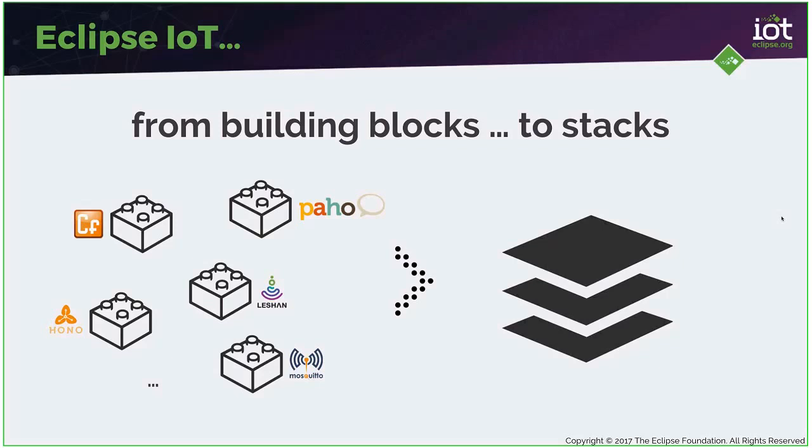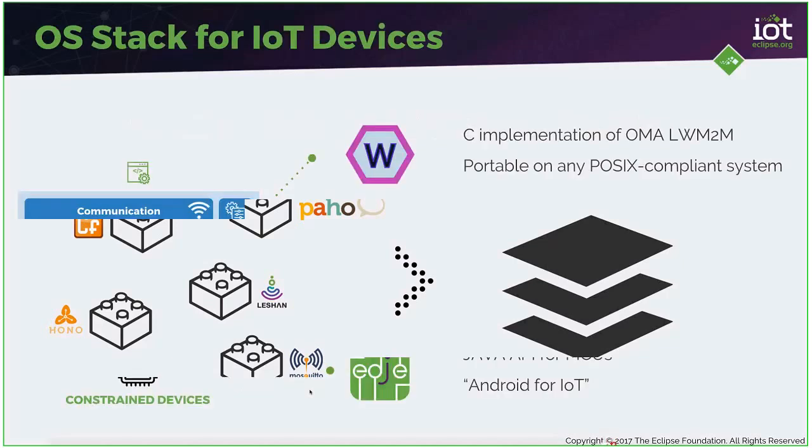Would you want an implementation of the MQTT communication protocol, well, you could download code from Eclipse Paho or from Eclipse Mosquitto to get clients, to get servers, to do your MQTT stuff. Same for the lightweight M2M protocol, same for doing connectivity, etc.